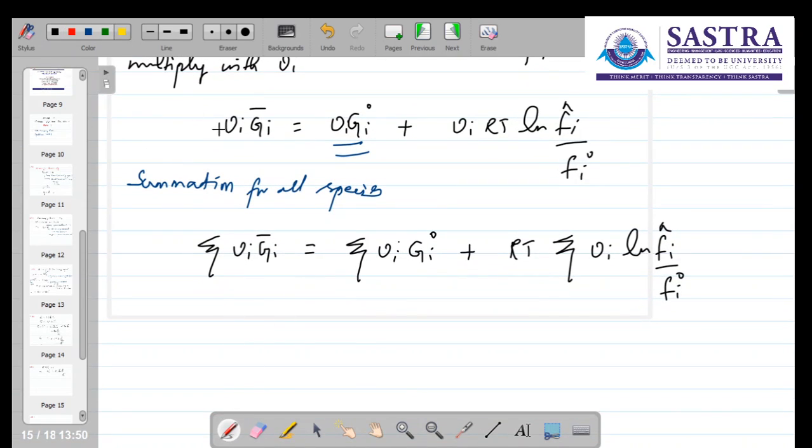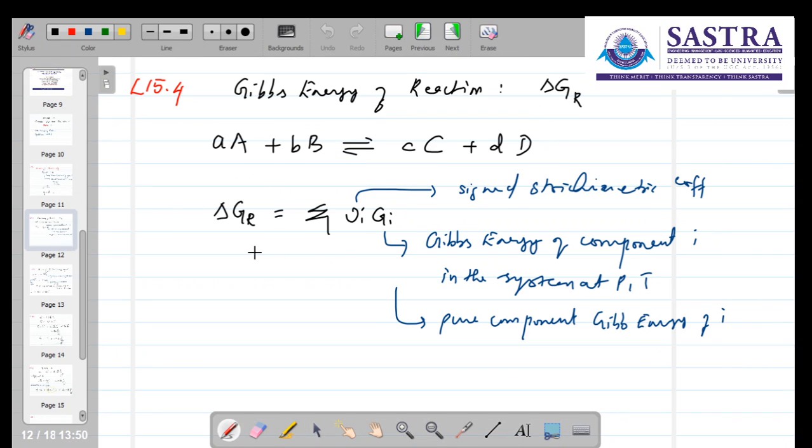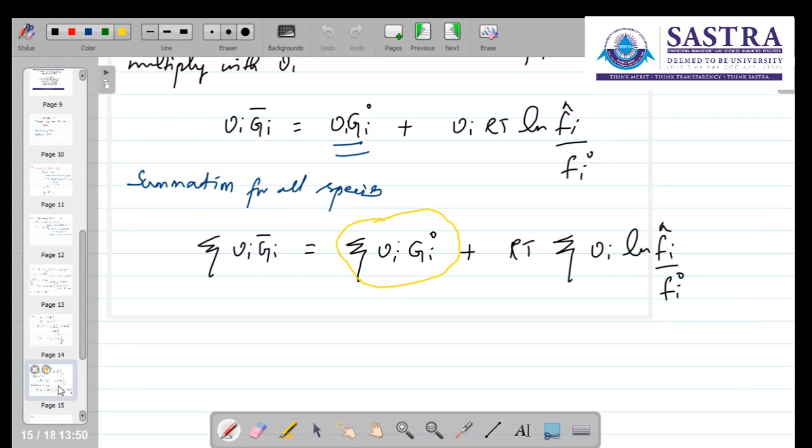Now this term you can relate to the Gibbs energy of reaction. So the summation of the stoichiometric coefficient times the pure component Gibbs energy is related to the Gibbs energy of reaction. So that means this term we can write as delta Gr. Now because this is evaluated at the standard state, we write it as delta Gr naught plus RT.